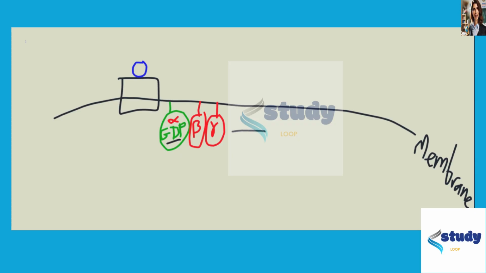So we get this conversion that replaces our GDP with the GTP. Then we have our original alpha here with the GTP instead.